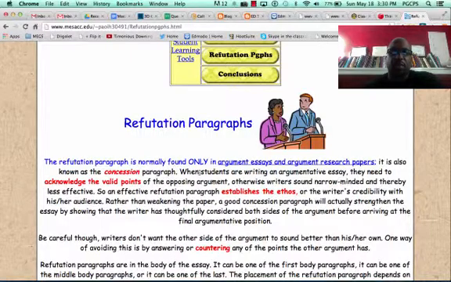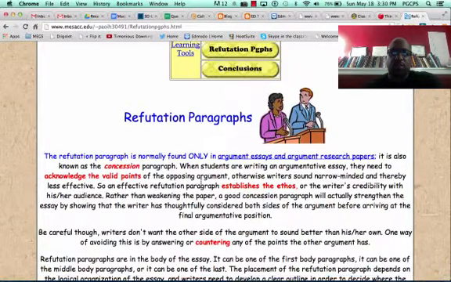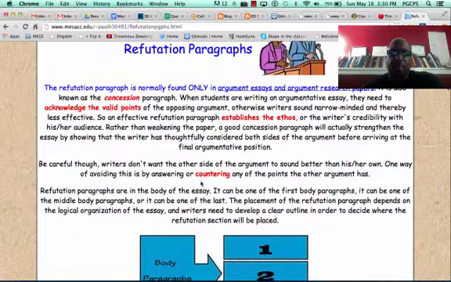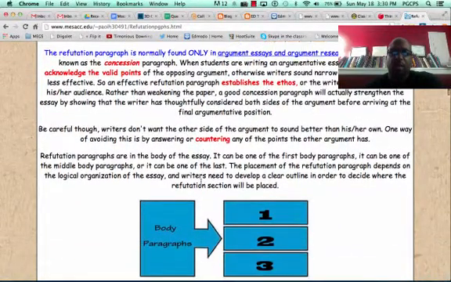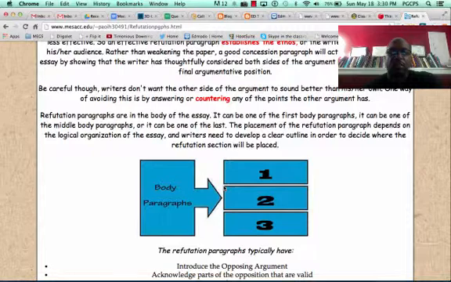However, in this section, you're also going to explain why your viewpoints are stronger and why the opposing viewpoints are weaker or less effective, and that your viewpoints essentially are the better idea. You're going to have 3 paragraphs. Each paragraph is going to attack one of the 3 opposing viewpoints that were stated in the previous section.